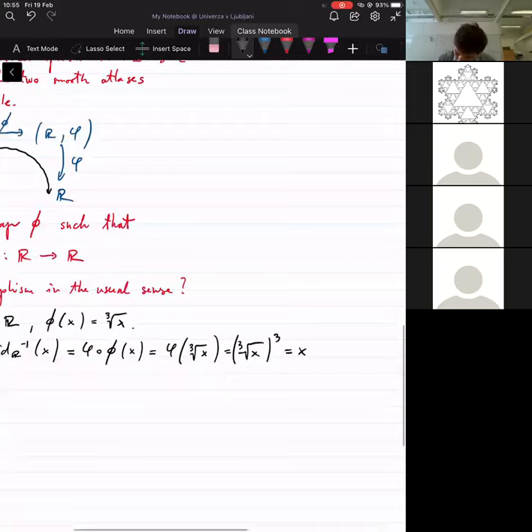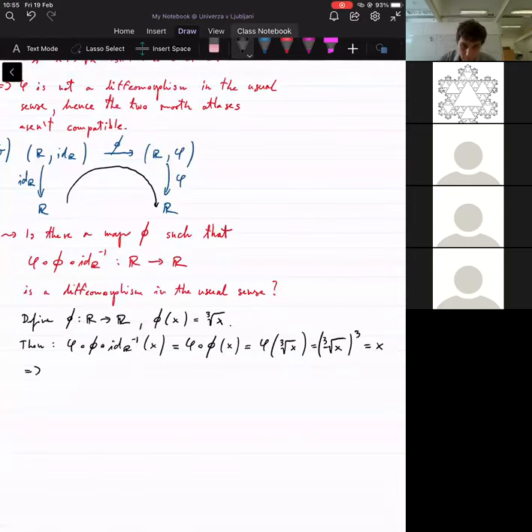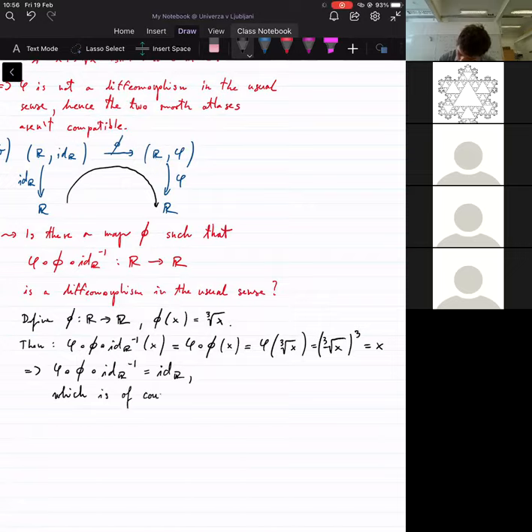So this means that phi of IDR to the power of -1 is equal to the identity map on R, which is, of course, a diffeomorphism in the usual sense.